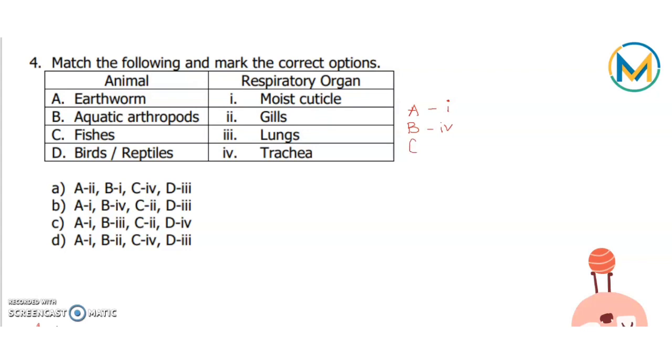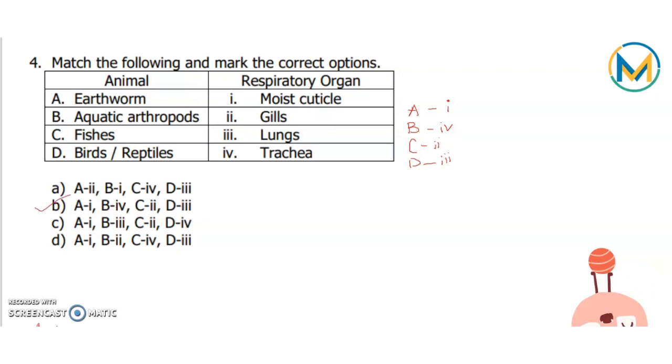They have the respiratory organ as gills. So it's second. And the D, that is birds or reptiles. They have the respiratory organ, lungs. That is third. Now looking at the options, we have to find A first, B fourth, C second, and D third. So the correct answer is option B.